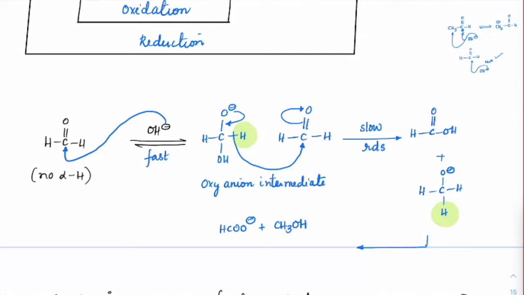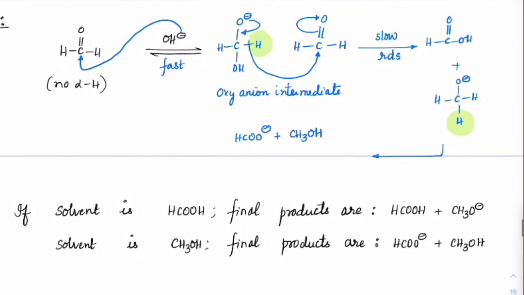Now, like I said, the hydride shift is pretty slow, and this reaction could go backward also. But as long as there is no alpha hydrogen present, then and only then is this hydride shift observed. That is exactly what happens in the Cannizzaro reaction. In the Cannizzaro reaction, the final products depend upon the type of solvent used.